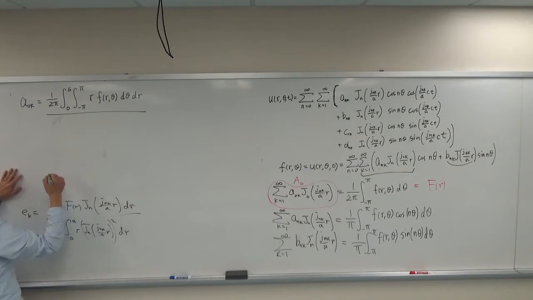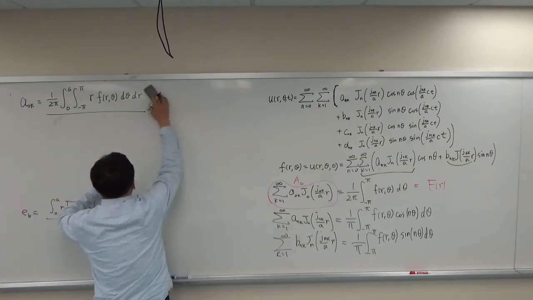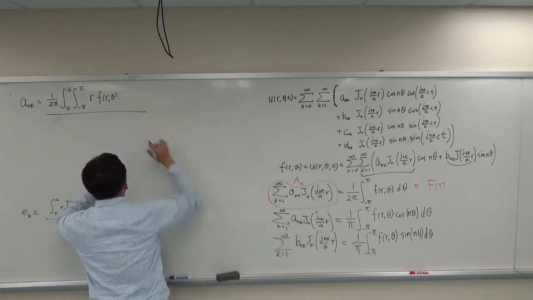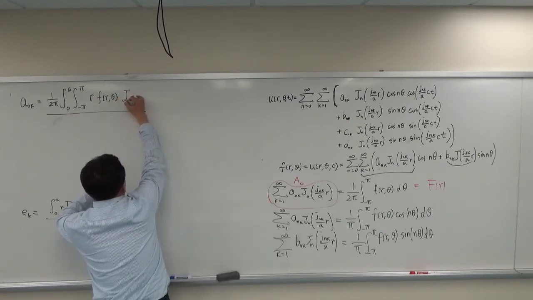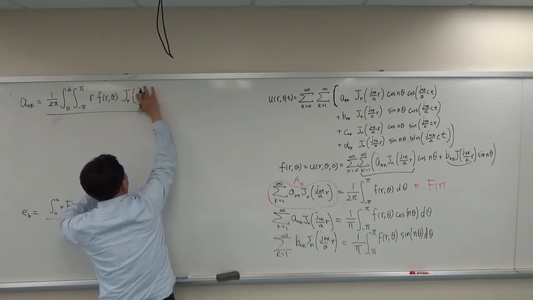Oh, sorry, I forgot this one. I have to multiply by J0, J0 of k over a r, that doesn't move, right?